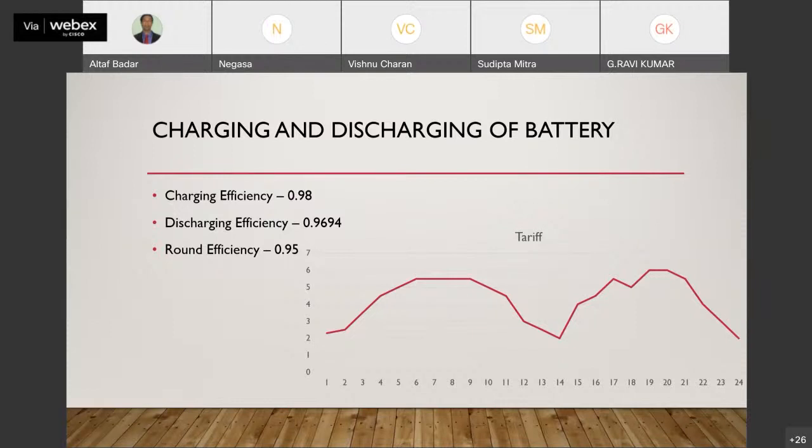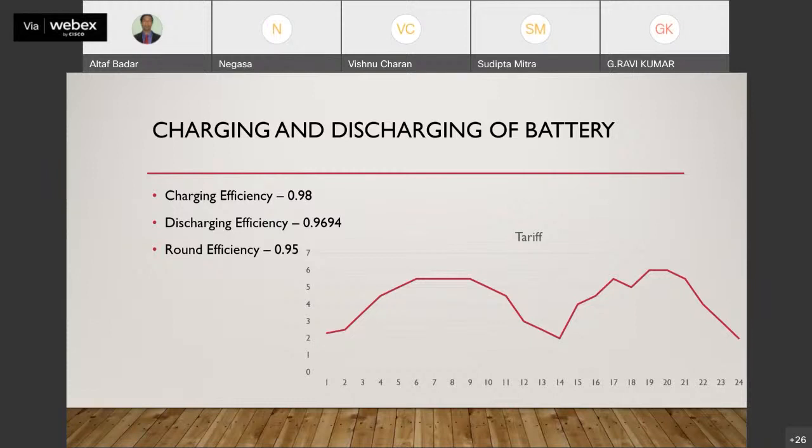For this, first we need to understand why this kind of tariff is what we are studying. So let me start with the tariff first. What we mean by tariff is the cost of electricity that I am paying for every unit of electricity that I am consuming.